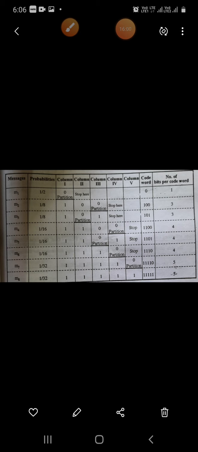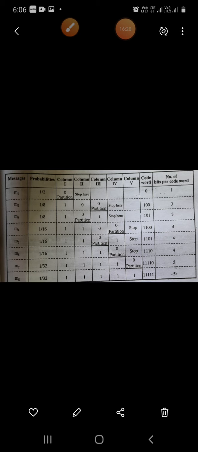Here the messages are M1 to M8, then the probabilities I have already told you in our previous table. Then in column 1, we show how we are partitioning, and the upper set or lower set, how we are denoting. Similarly column 2, column 3, column 4, column 5, then code words.